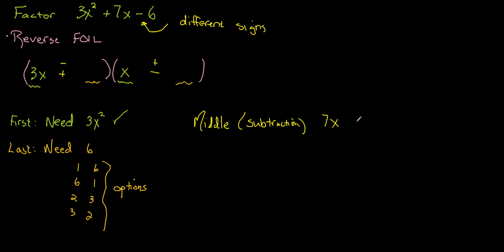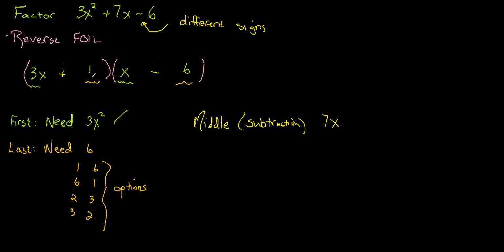So let's just try some things. Usually these work pretty well by trial and error. I'm going to just start with a plus in my first factor and a negative in the second one. And if I need to adjust that later, no worries, I can do that. So if I put in here a 1 and a 6, that's definitely not what I need.